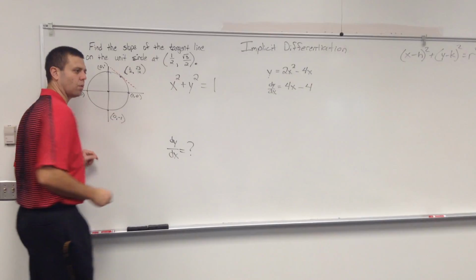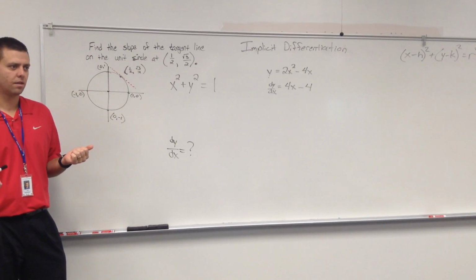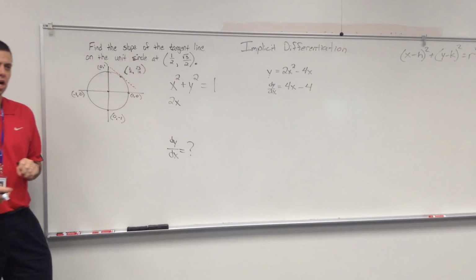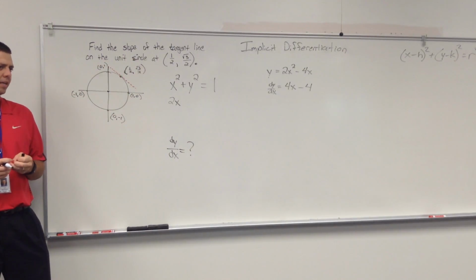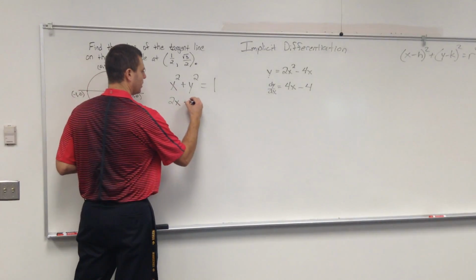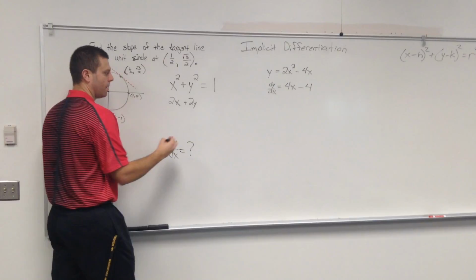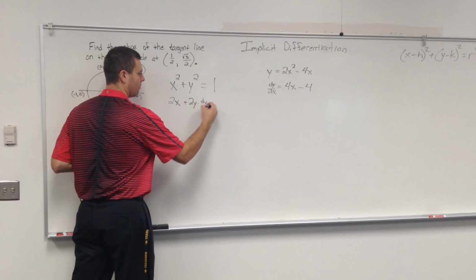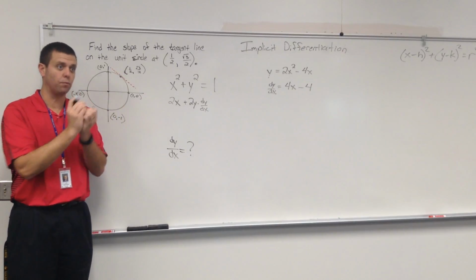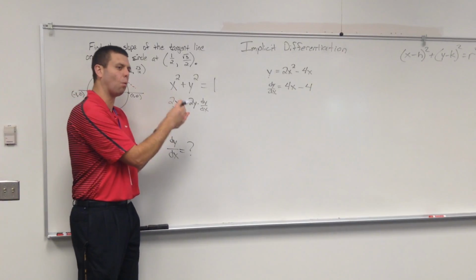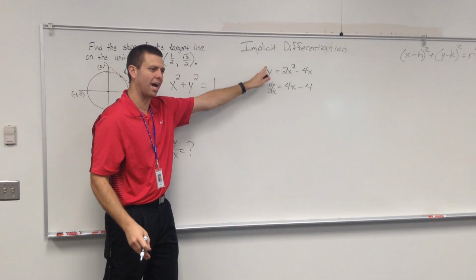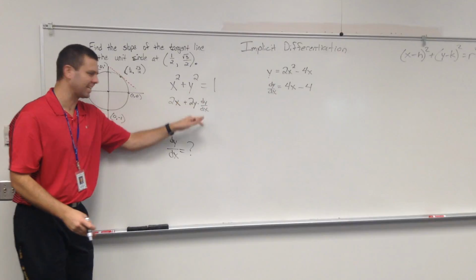What's the derivative of x squared with respect to x? 2x. What's the derivative of y squared with respect to x? It'll be 2y, but I need to multiply that by dy dx, because that was the derivative of y with respect to x. I differentiated a y variable with respect to x, and anytime I differentiate a y variable with respect to x, I need to put that in there.